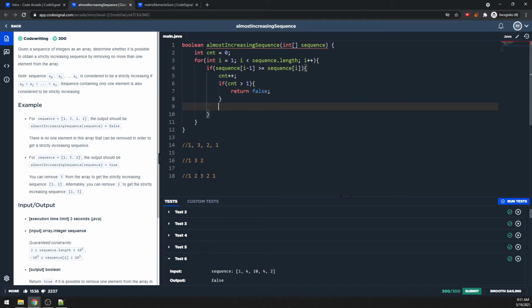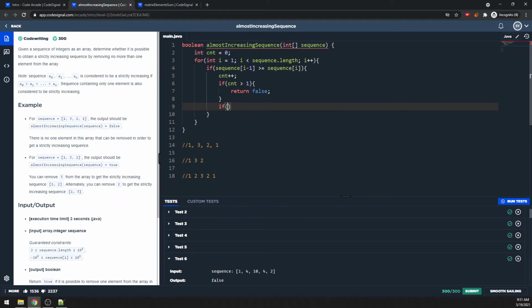But what happened to this case? When I find out the variable that is less than equal to the least one, and this value 1 is less than equal to this one, you return false.